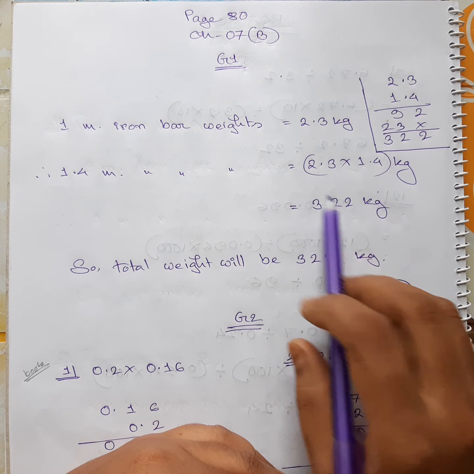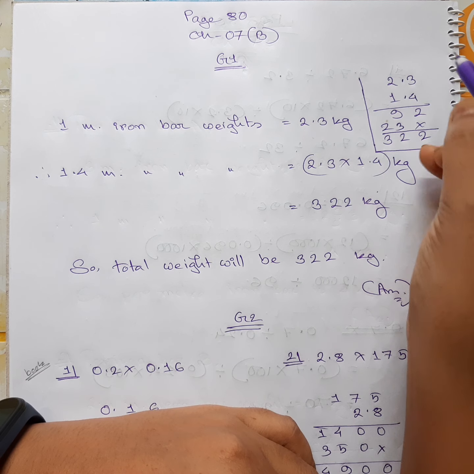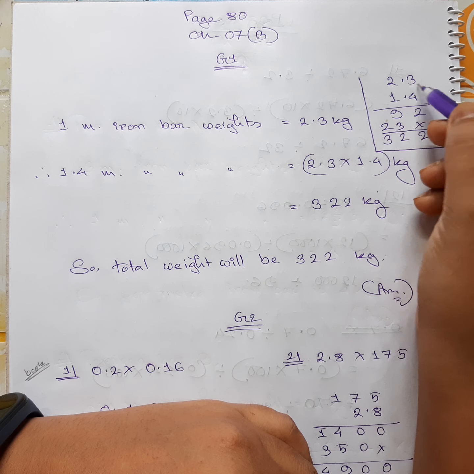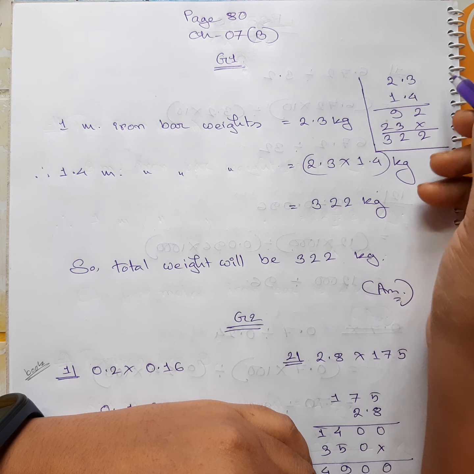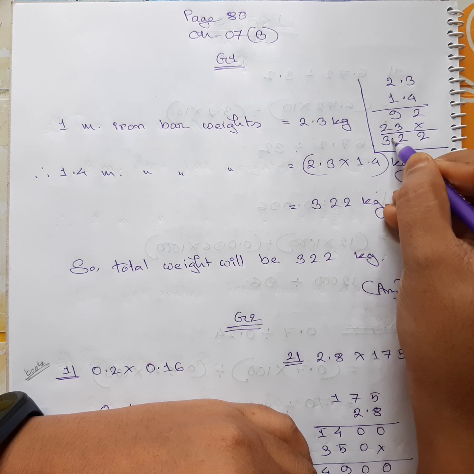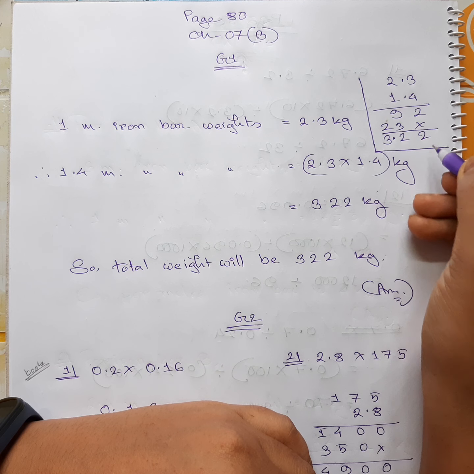After multiplication, you can see that I have done the multiplication over here. We need to find out how many digits are after the decimal. 1 and 2, that means we have to leave 2 digits from the right and put the decimal in our answer. That means 3.22 kg.